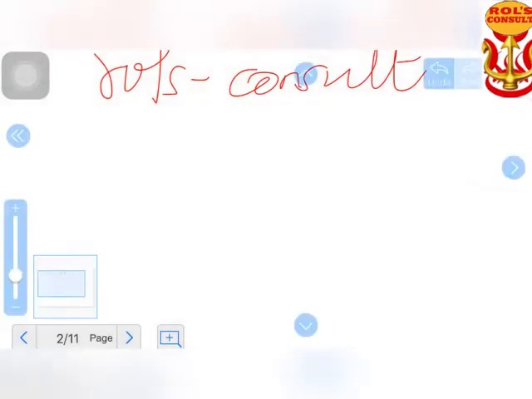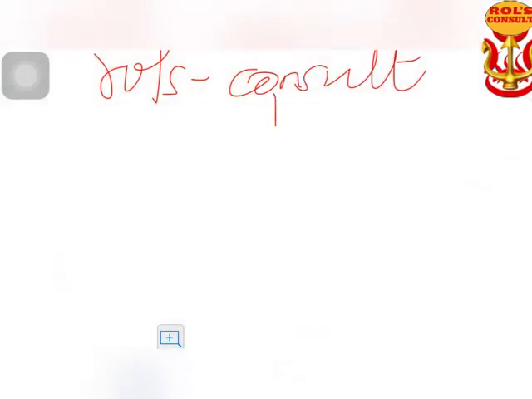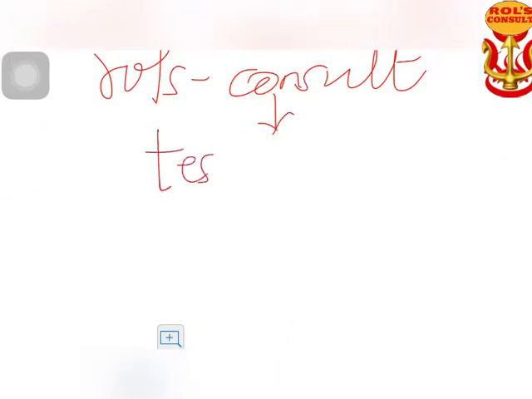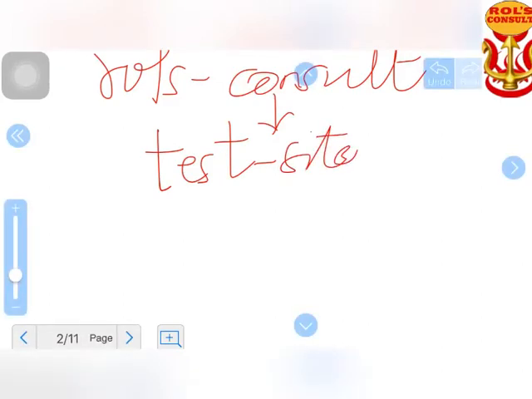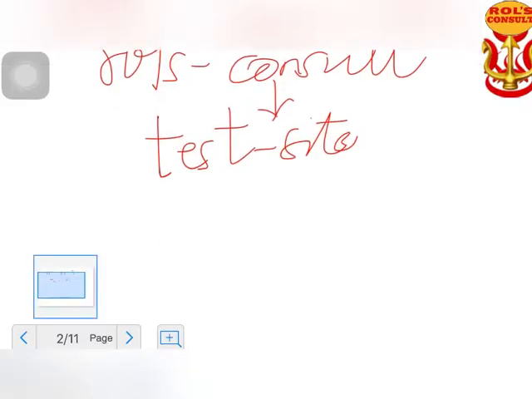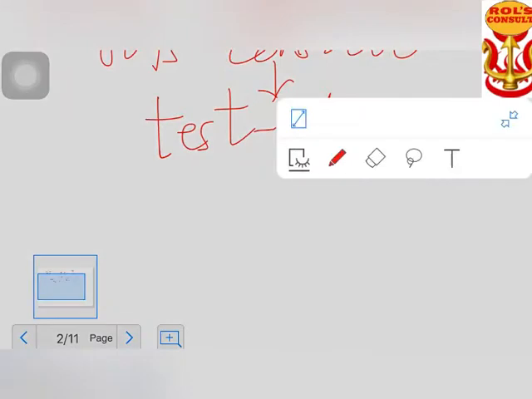Okay, so let's take it a bit further. In this rows-consort, we'll create another folder, and we'll call it test-site. Let me move a bit upwards so that you understand. We have rows-consort, and inside of it we have test-site. Inside this test-site, we'll be creating four different folders.